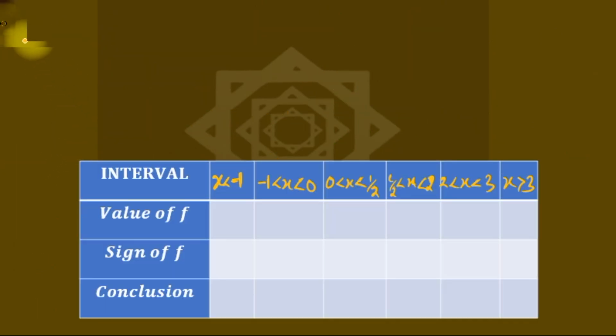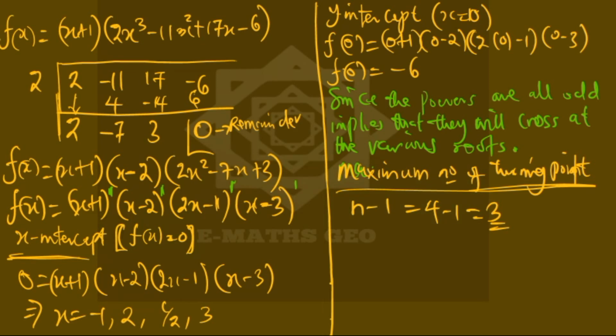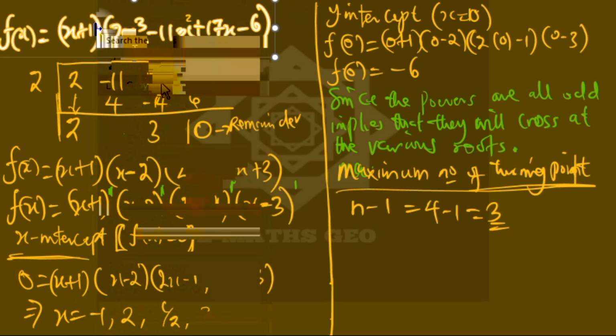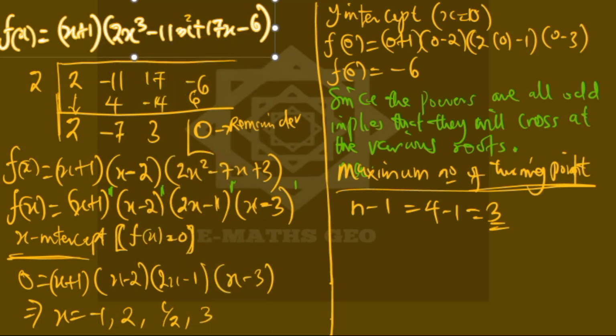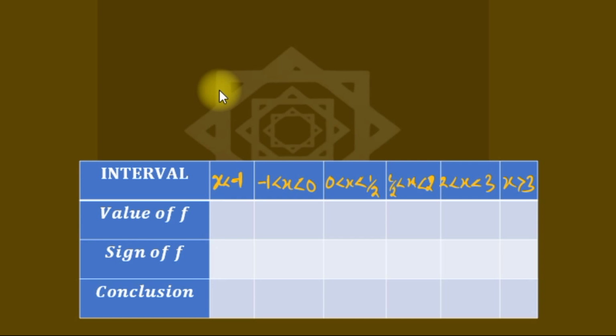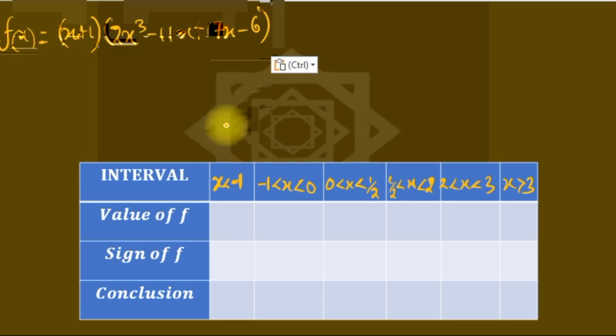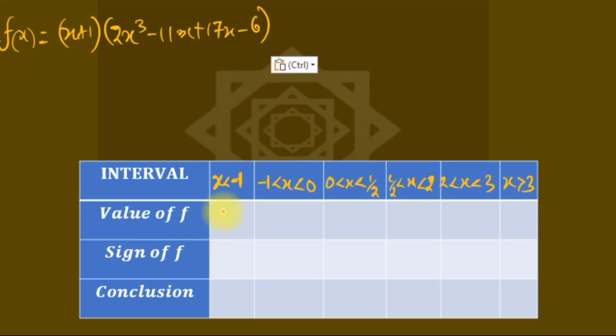So let's test. Remember, our function is this. Let's copy it so that it will help us. We factored it, so it's now easy. Let's test f of numbers less than -1. Let's test f of -2. So f of -2, let's see what we'll get.